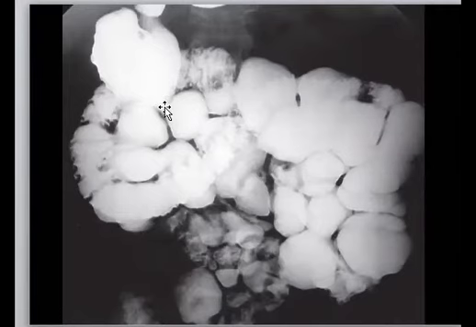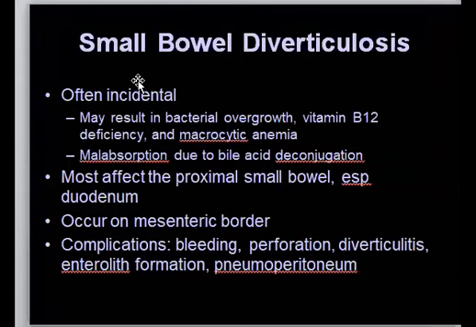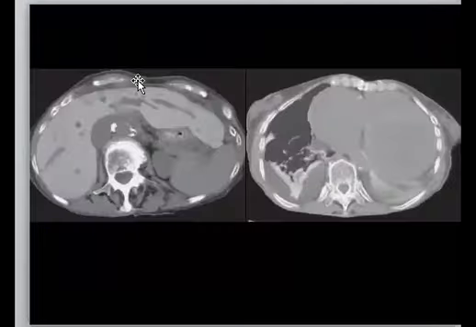Multiple outpouching is not very common, but it can happen, maybe incidental or with vitamin B deficiency. So this is small bowel diverticulosis. Again, it is not supposed to be in the exam, but just to know.